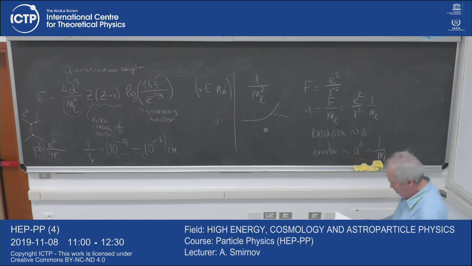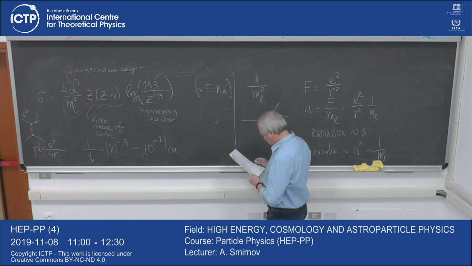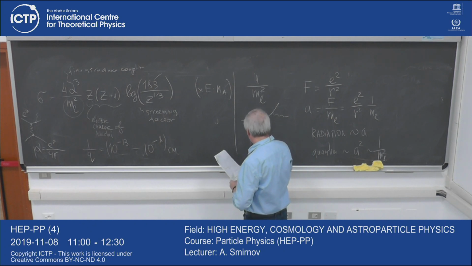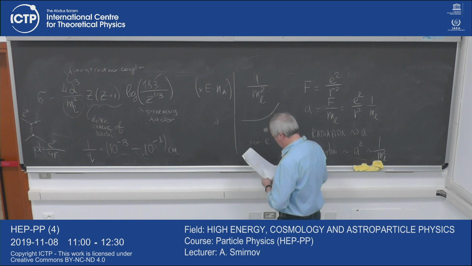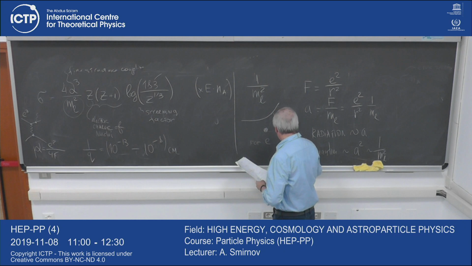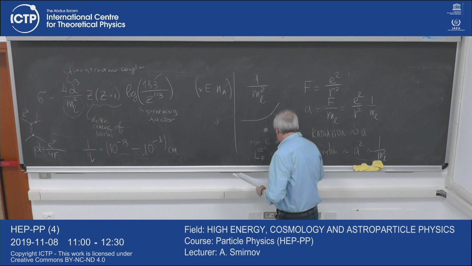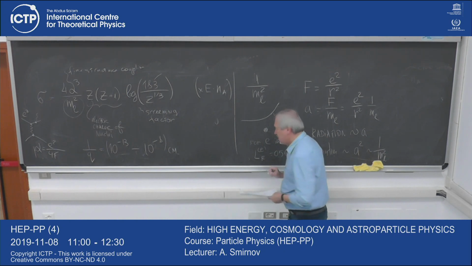So let me give you an example. For instance, for electron in lead, the radiation length is 0.56 centimeters.